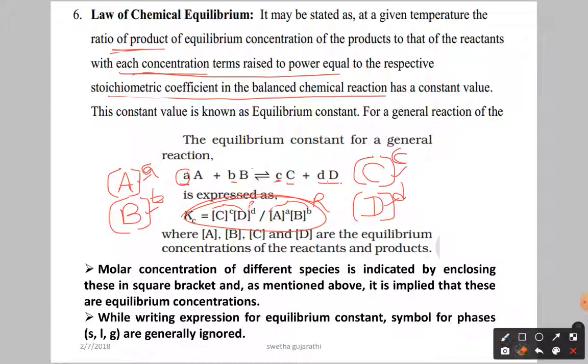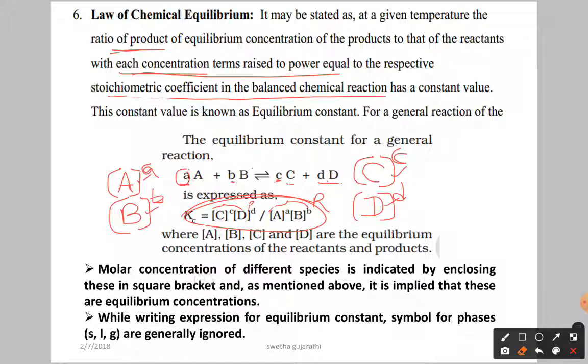Here, A, B, C, D are the equilibrium concentrations of the reactants and products, okay. Already we discussed this. At equilibrium, both reactants and products should be there, okay. The square brackets indicate the molar concentration of reactants and products.